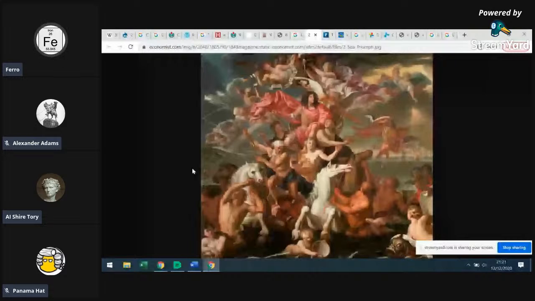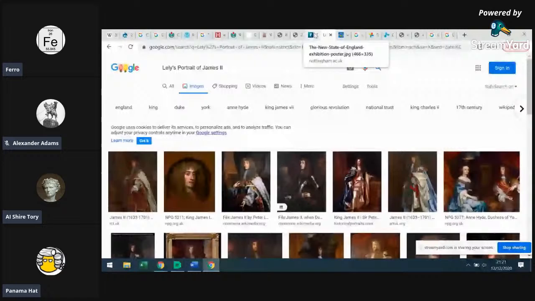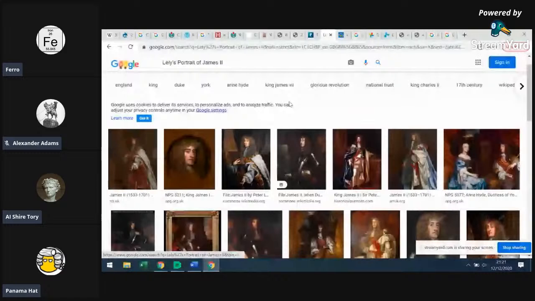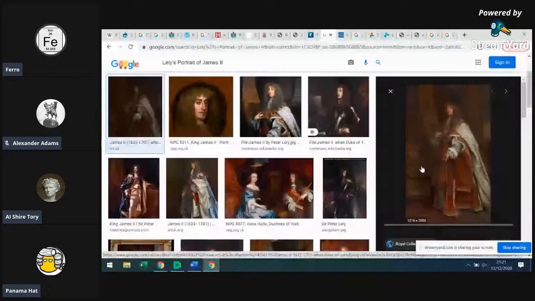Okay. Now, so is James II after Charles II? Yes, he succeeds Charles II and then is overthrown in the revolution. Okay, excellent. I got things right then. So Panama, this is one of your selections, I believe.